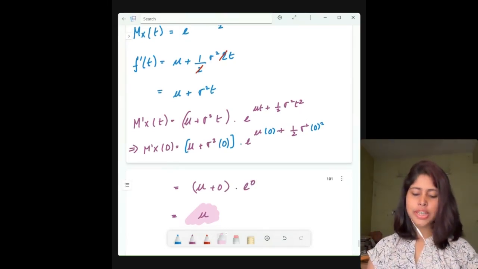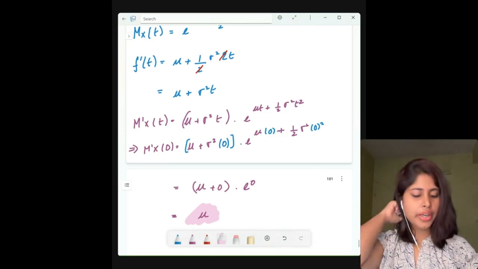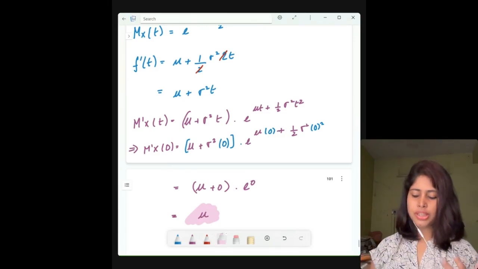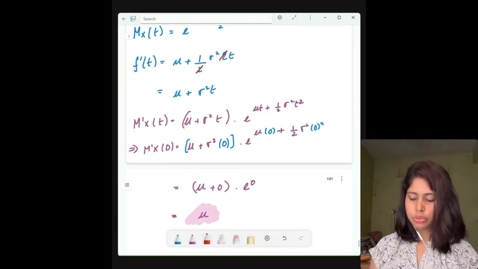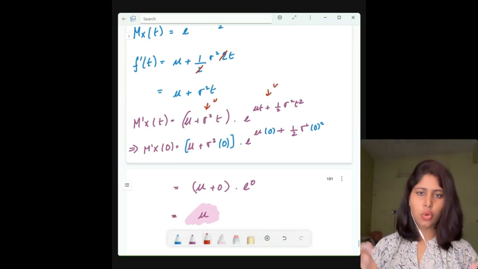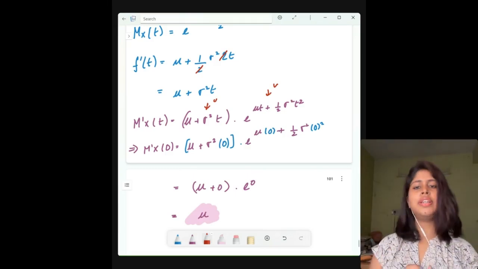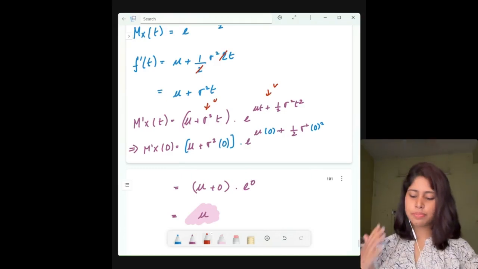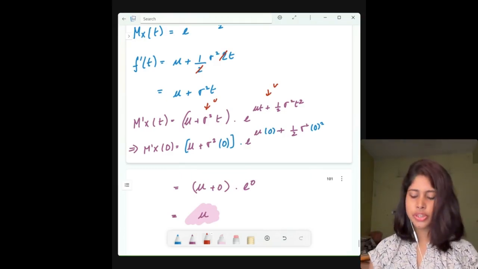The core idea is that we have to apply the product rule. This part will be the u and this part will be the v. Then what is the product rule? That is (u dot v) whole dash, whole differentiation, equals u dash v plus u v dash. That is the main idea of how you are going to differentiate it.